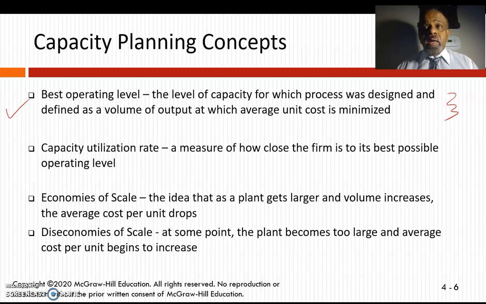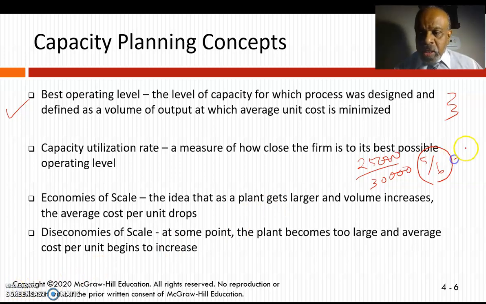Now, if they make 25,000 cars that month, 25,000 cars divided by 30,000 cars, that is 5/6, which is 83%. So this 83% is the capacity utilization rate.